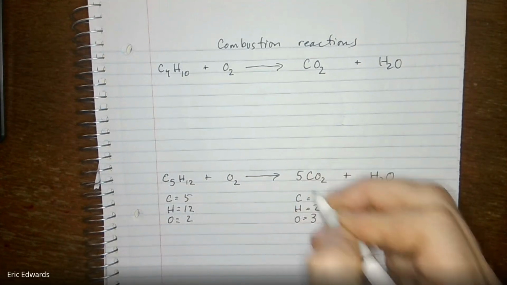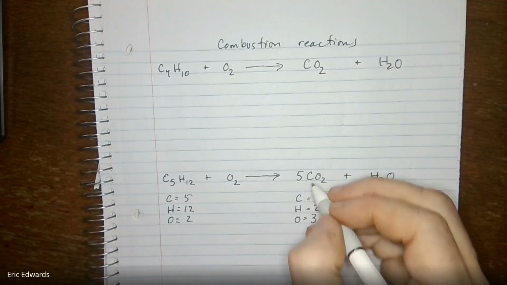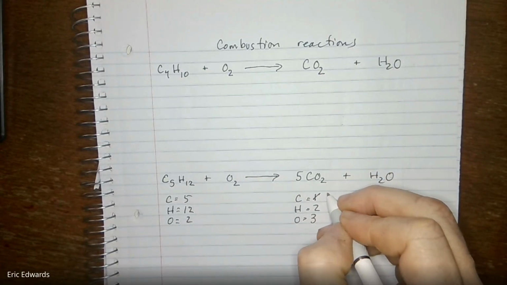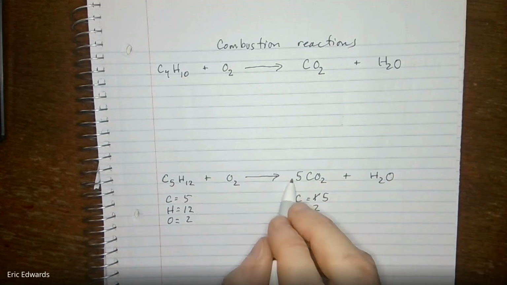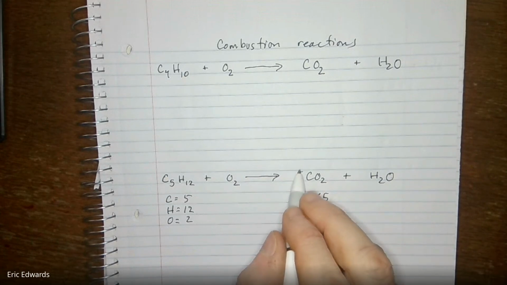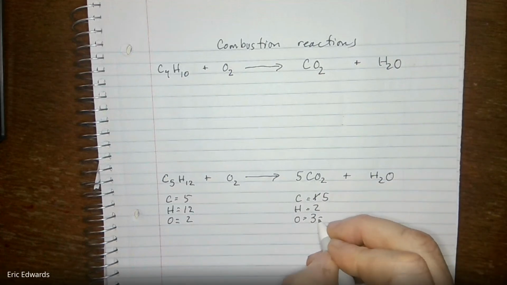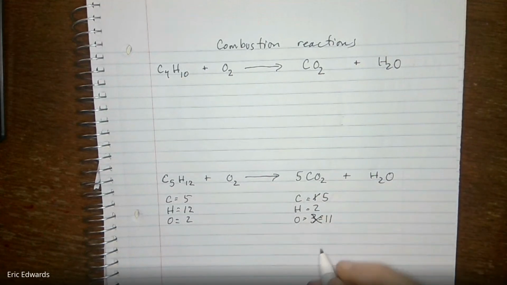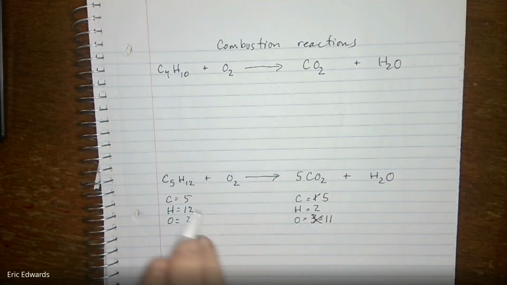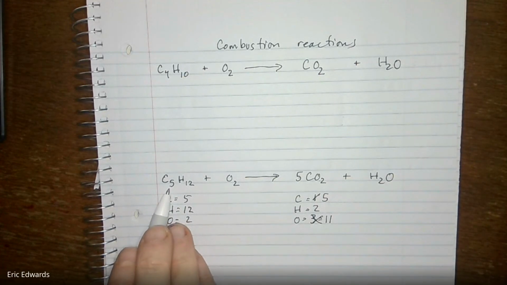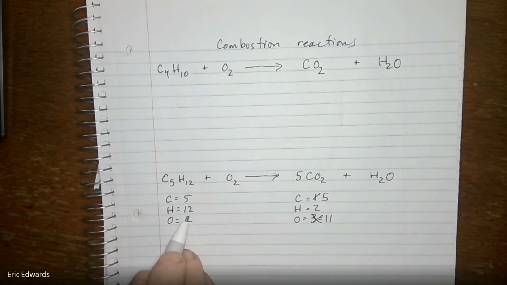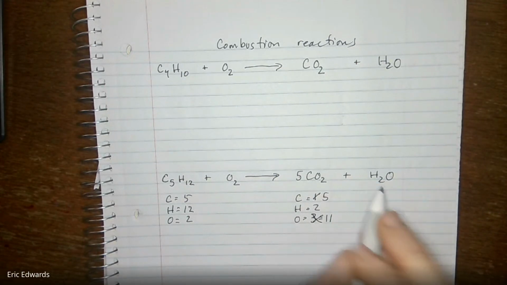I need 5 carbon dioxides to come out. In this case, now I've changed my carbons to 5, my oxygens to 5 times 2 is 10, plus 1 more is 11. Now let's go to the hydrogens, and we say, okay, I've got 12 hydrogens going in and only 2 coming out.